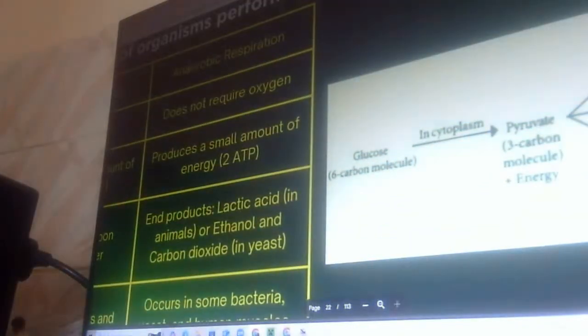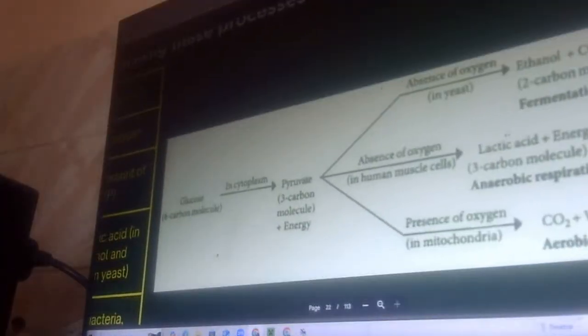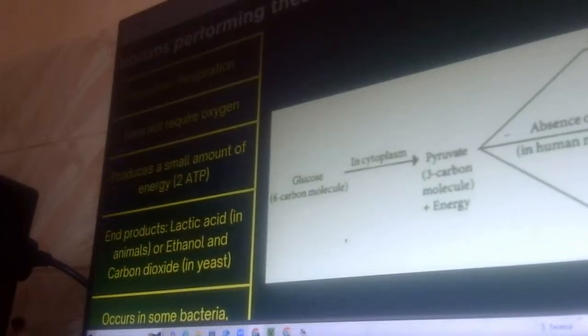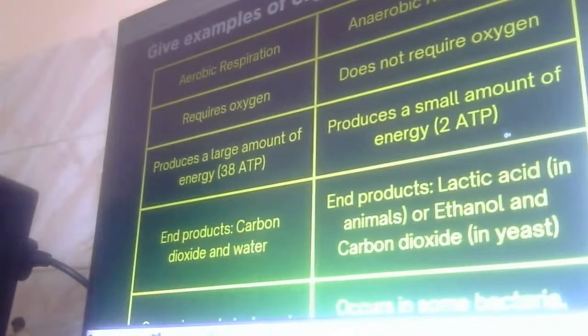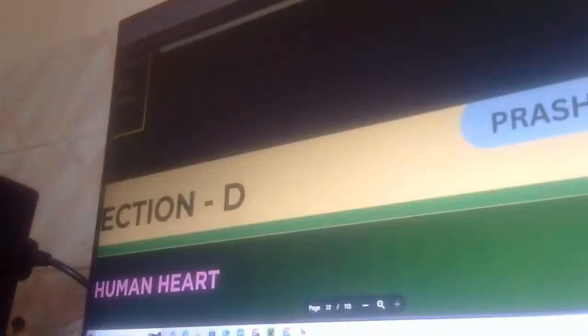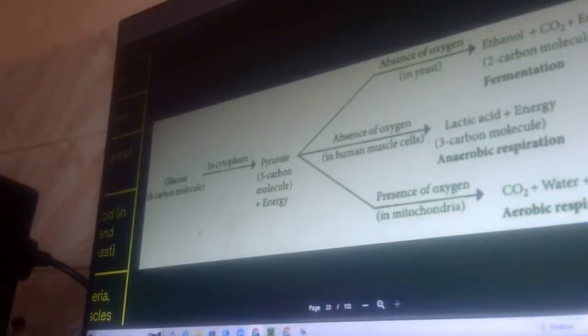In the absence of oxygen, glucose becomes ethanol plus CO2 plus energy in yeast cells, and you get only two ATP molecules, right?